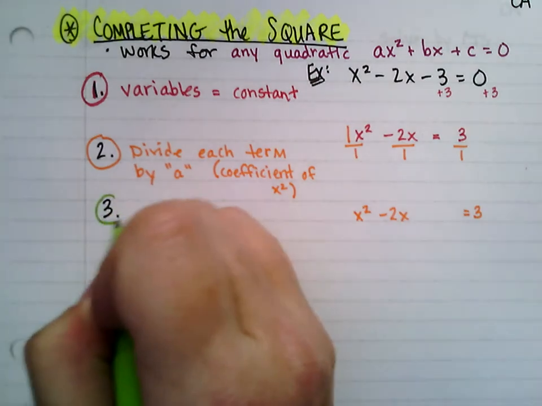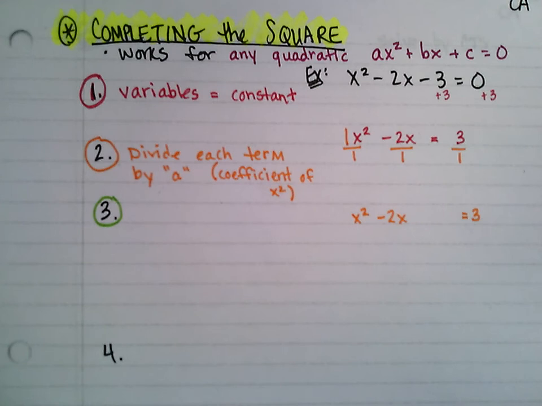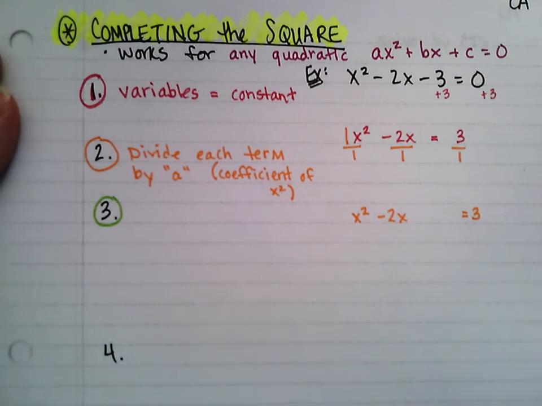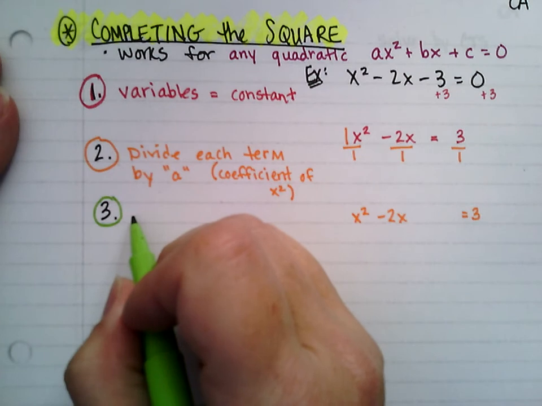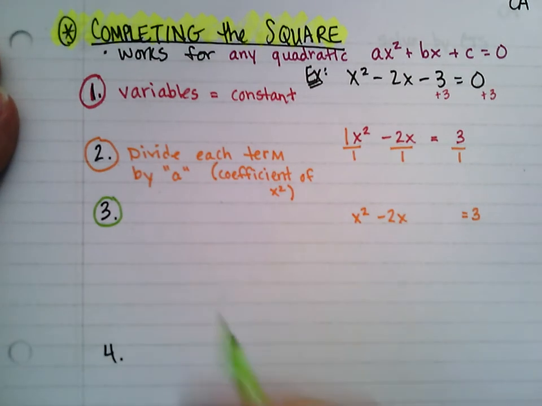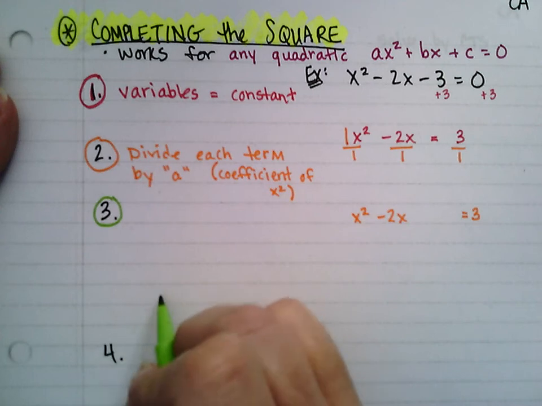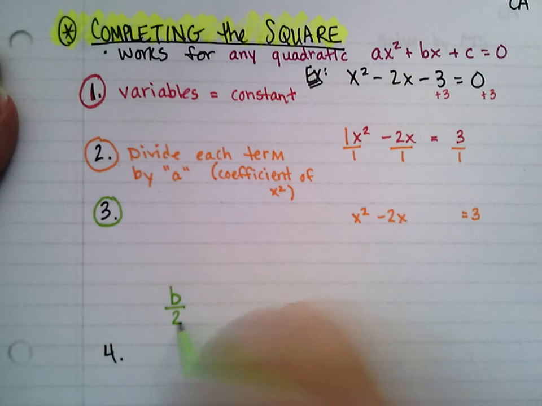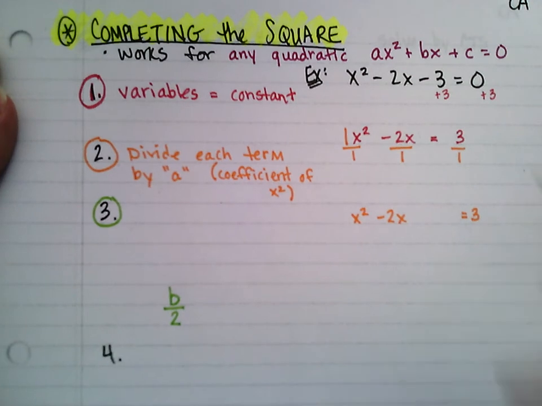The third step, this one's the longest step, and I think possibly the most confusing. So what we're going to do is I'm going to write some words up here in a moment, but for now, I'm going to write this. We're going to find b divided by 2. Okay, what is b?